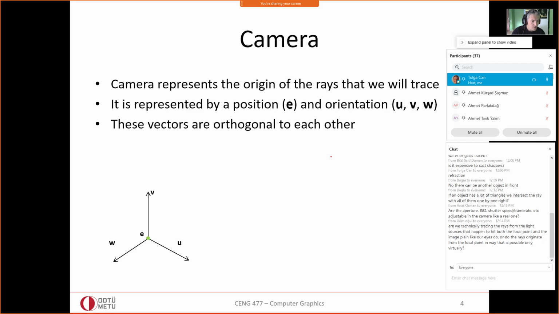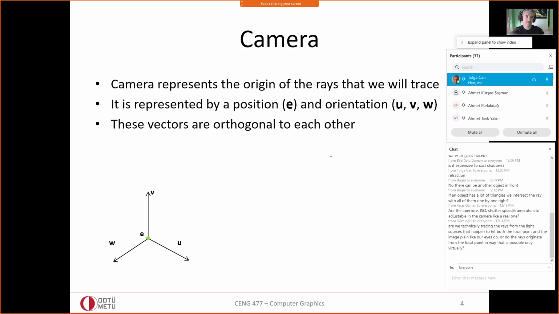And another point: in ray tracing, we will be tracing the rays from the focal point. That's what is called a backward algorithm. In the second part of the course, we'll talk about the forward rendering pipeline, where we will be tracing the light rays from the objects to the focal point.